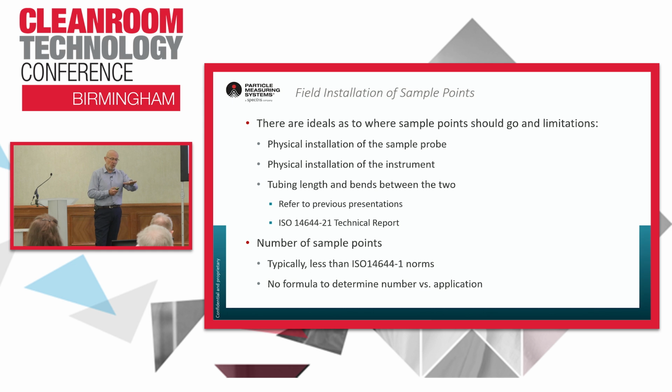I'm not going to go into a lot of detail now because that was well covered by Haseem. And the number of sample points is usually less than the ISO 14644 classification norms. That was all based, as shown in the table, on the area of the facility. But there's no formula here. It's all coming back to this risk assessment process.